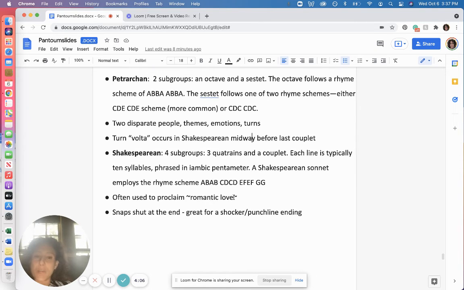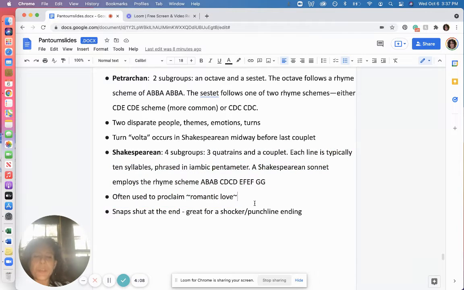There's so many different opportunities to do this. So even though a sonnet is traditionally used to proclaim romantic love, how can you play against the reader's understandings and impulses and work against that tradition to create that sense of pacing, not just in the turn of the sonnet itself, but in the themes that you're cultivating in your sonnet?